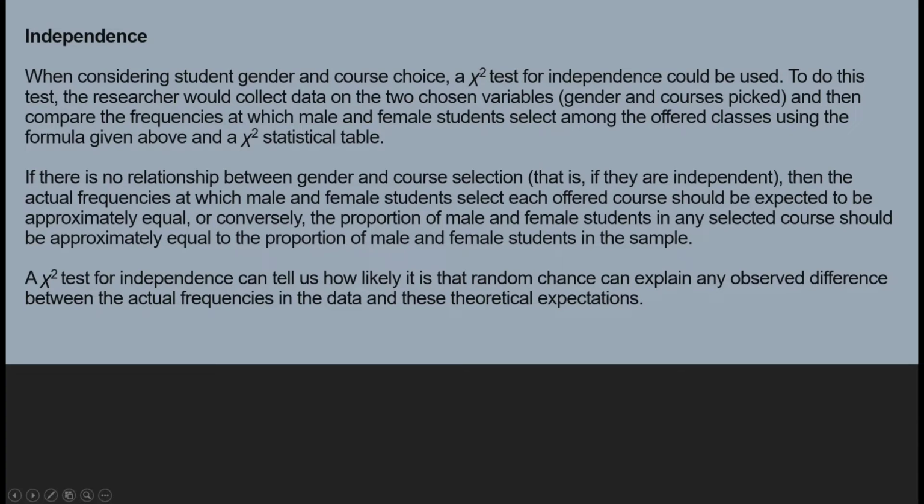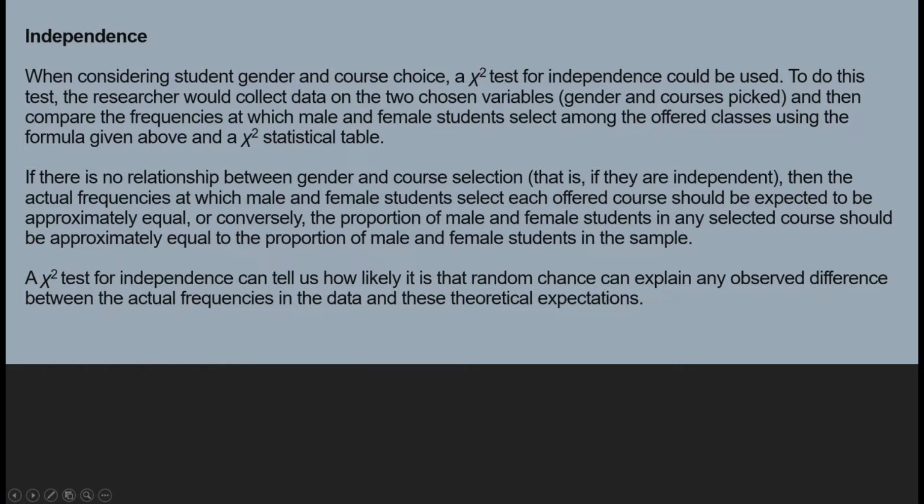If there is no relationship between gender and course selection, that is if they are independent, then the actual frequencies at which male and female students select each offered course should be expected to be approximately equal, or conversely, the proportion of male and female students in any selected course should be approximately equal to the proportion of male and female students in the sample.